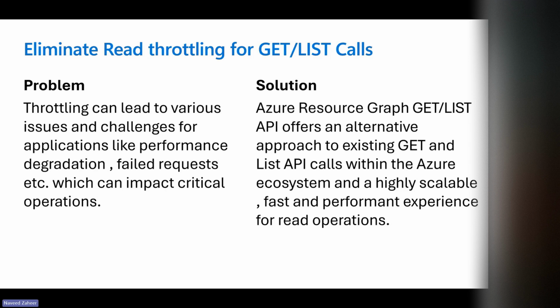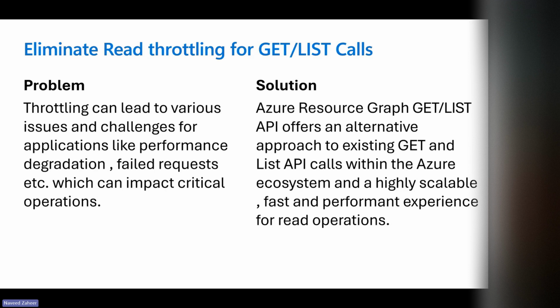Here comes the proposed solution, or not solution, the feature that is in public preview, which is the Azure Resource Graph Get List API, which offers a higher quota, 4K. This is a moving quota, and we'll talk about it.